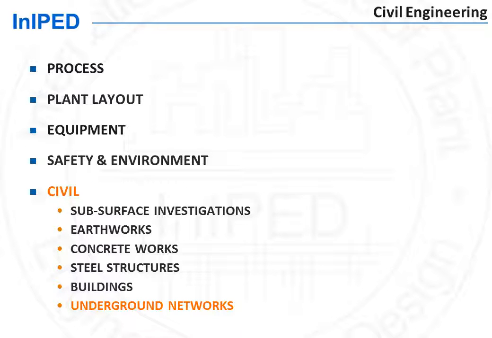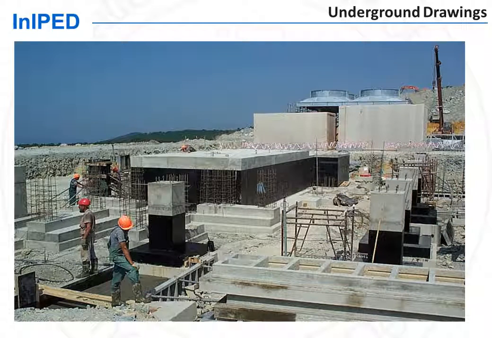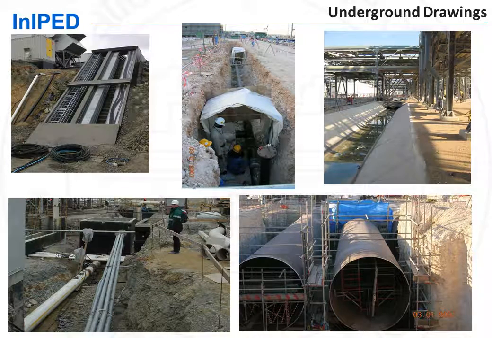All that is in the ground is the responsibility of the civil engineer. It includes items which are fully defined by civil, such as foundations, as well as networks from various disciplines, including process and piping for process and utility lines, electrical and instrumentation for cables, safety for firewater distribution network.